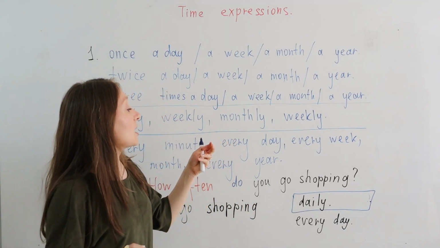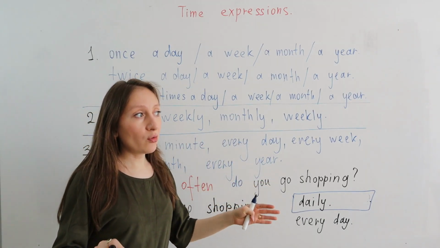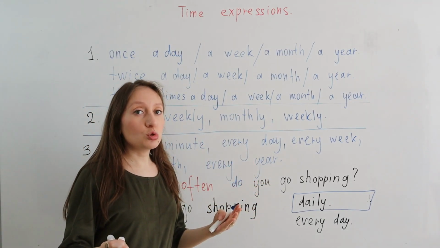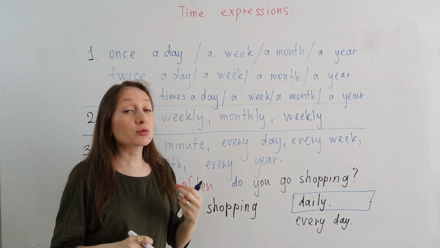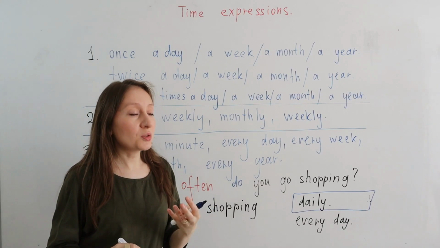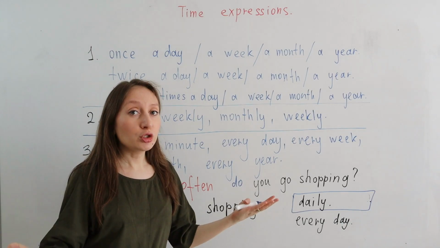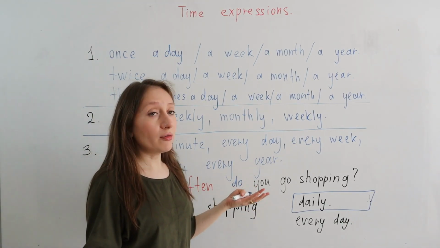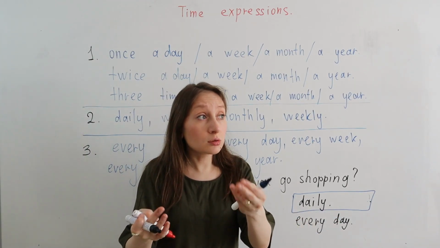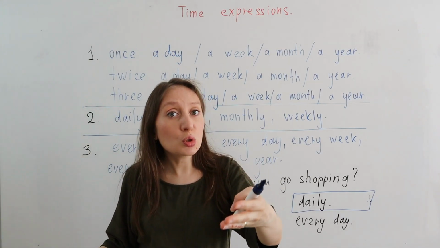You use these time expressions usually at the end of the sentence. So now, after this video, as usual, stop the video, try to memorize everything, and try to practice. Try to make sentences about any activities that you do during the week, the month, and so on. For example, how often do you go to the doctors? How often do you go to school?